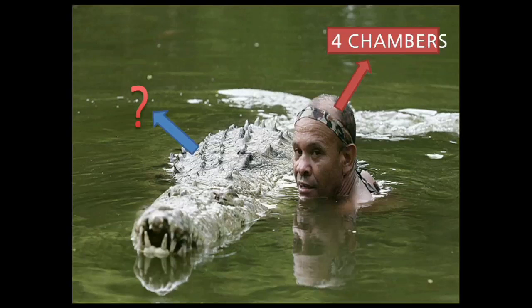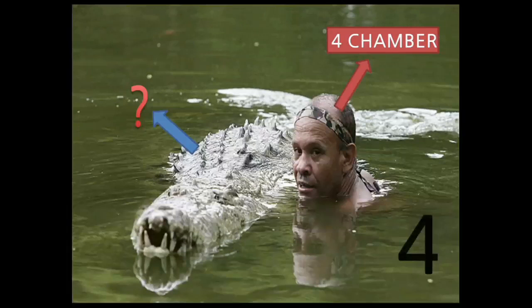Now, how many chambers are present in the heart of a crocodile? This is a question for you. In the previous slide, we have seen that it is three chambered or 3.5 chambered. So, my question is, how many chambers are present in the crocodile? The answer to this question is four.